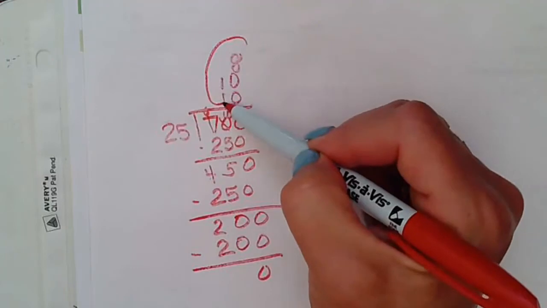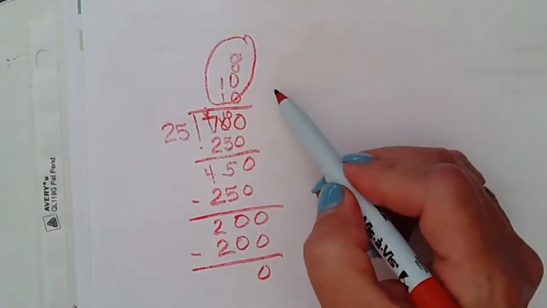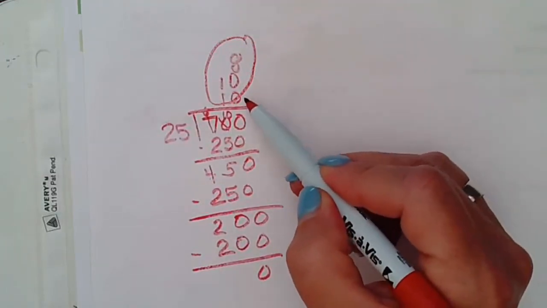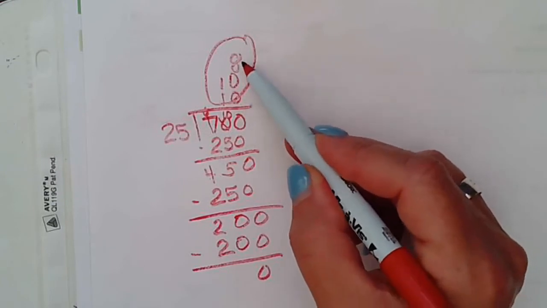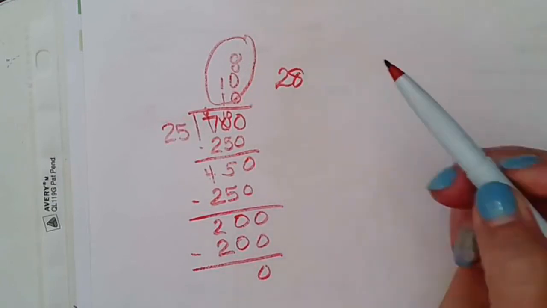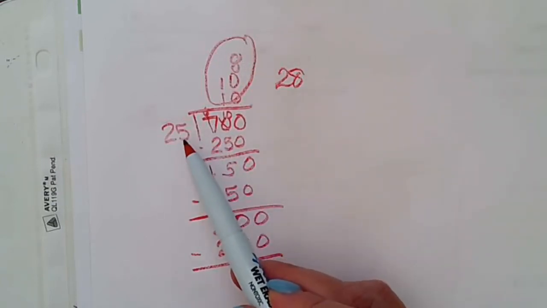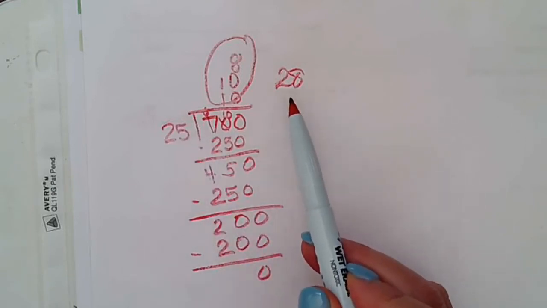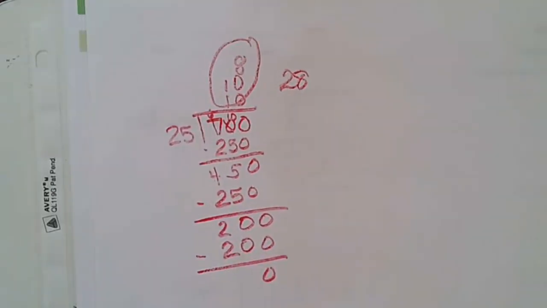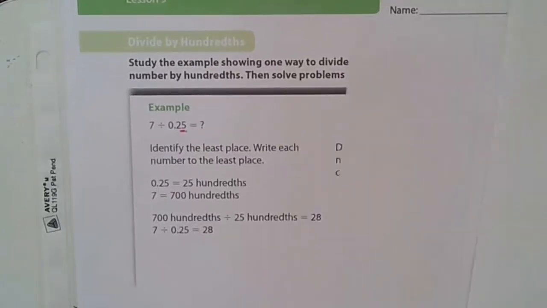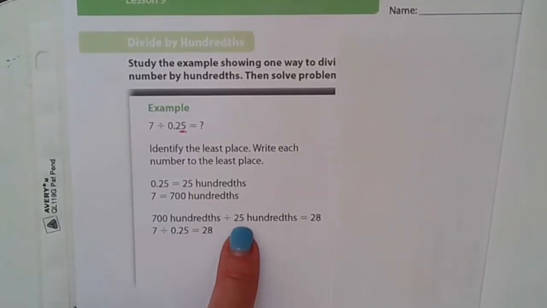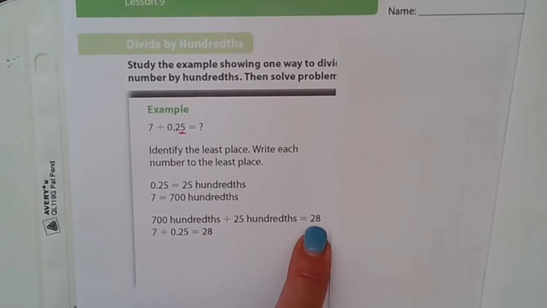Here are my partial quotients, 10, 10, 8. So 700 divided by 25 is 28. Or, if I look back at this problem, 700 hundredths divided by 25 hundredths is 28.